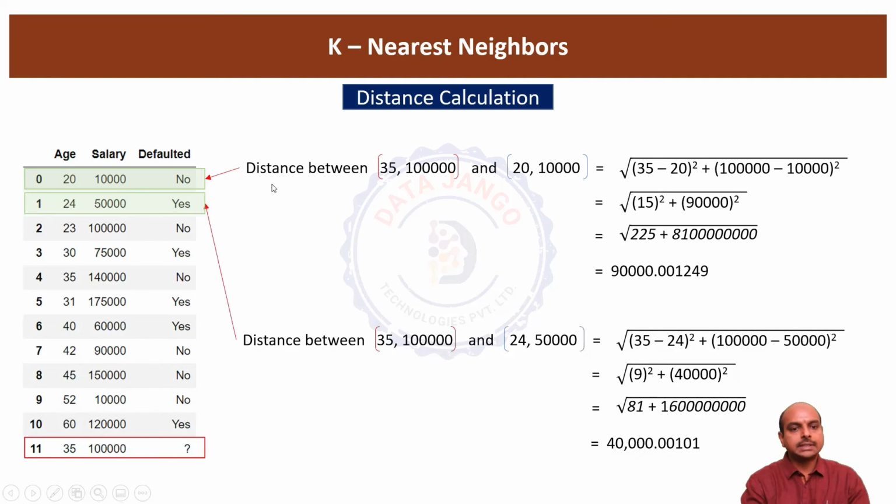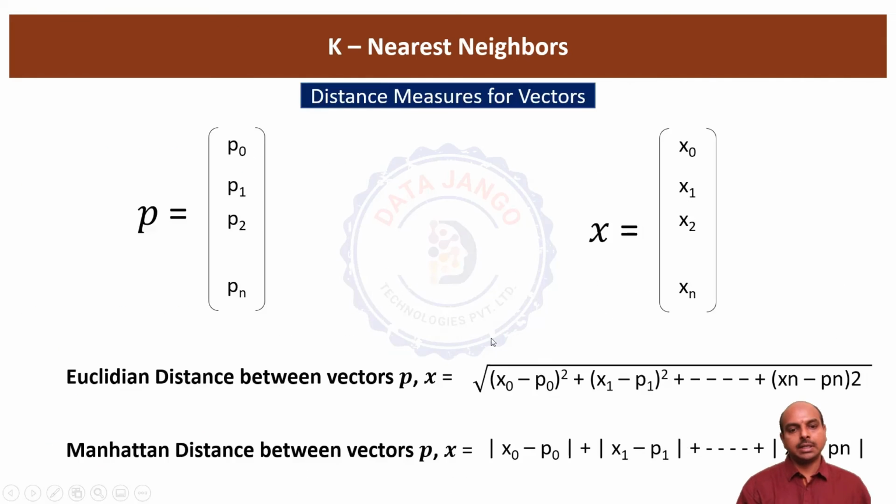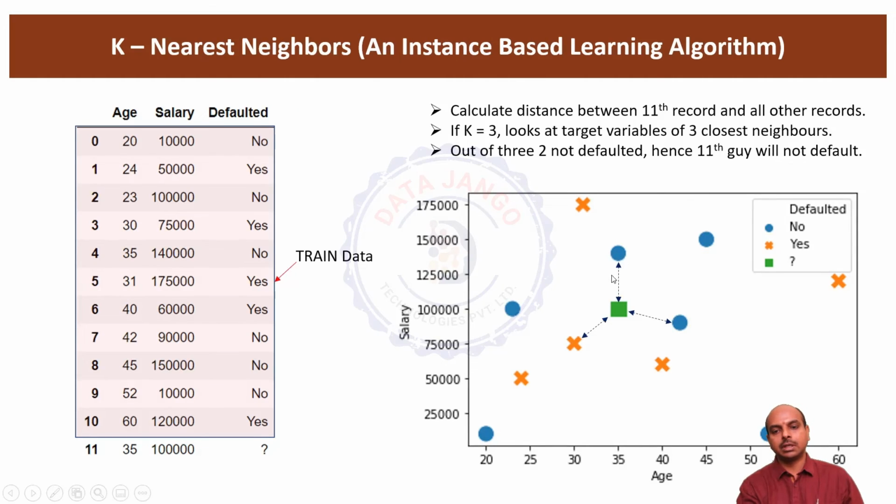Here it is calculating the distance between the new record and the first record. Then it does the same for the new record and the second record, the third record, the fourth record. Like that, it calculates distances between this new record and all the other records, and chooses the closest 3 records. As we have seen in the diagram, it chose these 3 records after calculating the distances.